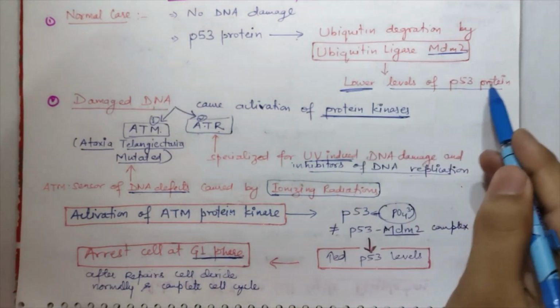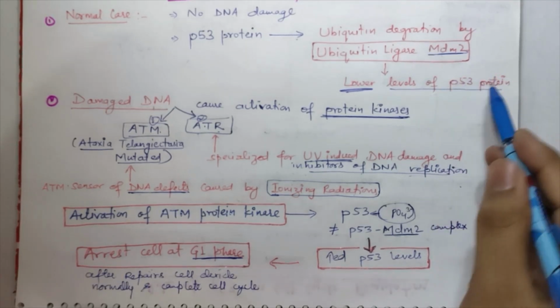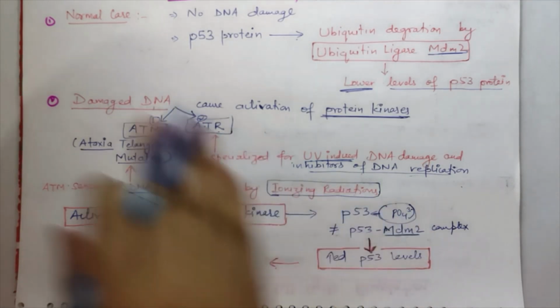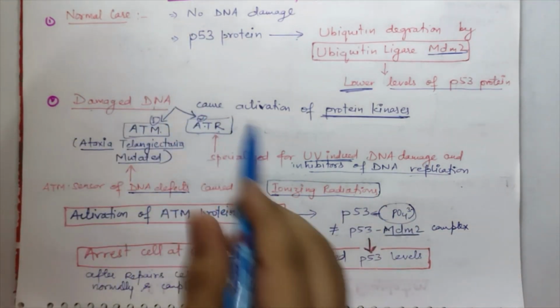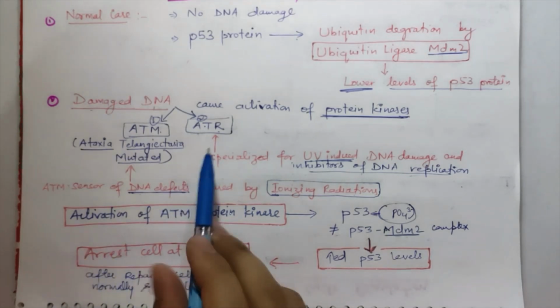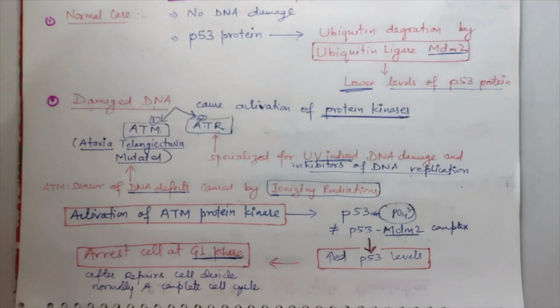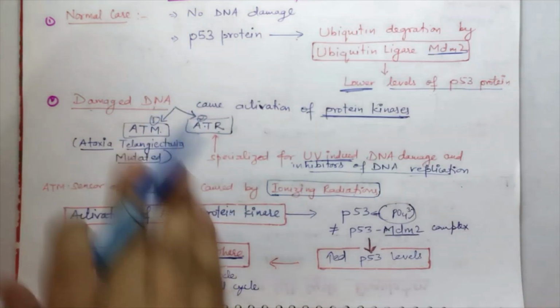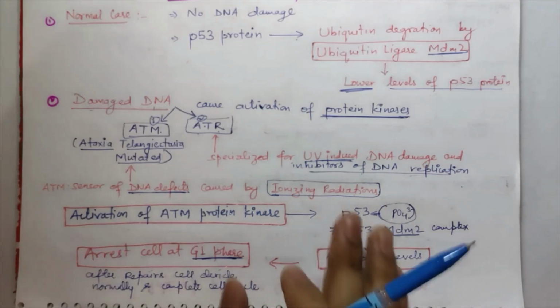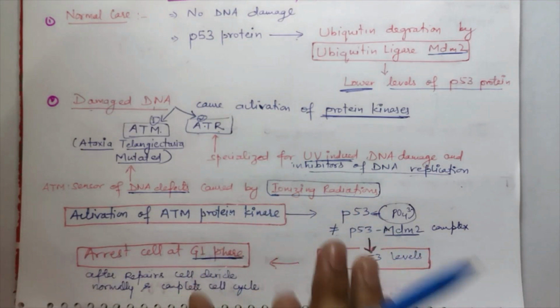If P53 has a lower level, then the cell enters the next phase, but if the levels are increased, then the cell is arrested at G1 phase. And when this DNA damage is repaired, then after repair, cells can normally divide and complete the cell cycle. So this is all about cell cycle regulation and how it is regulated by different regulatory proteins at different phases of the cell cycle.